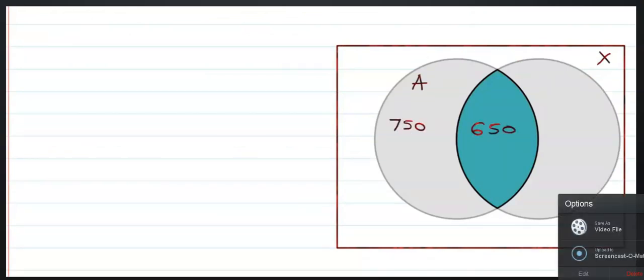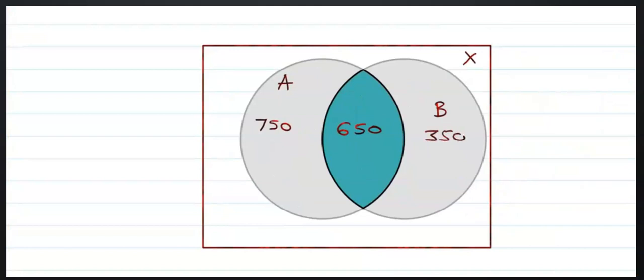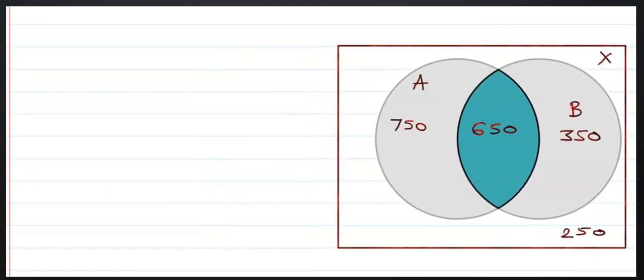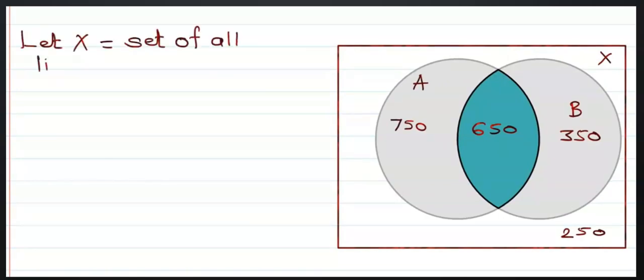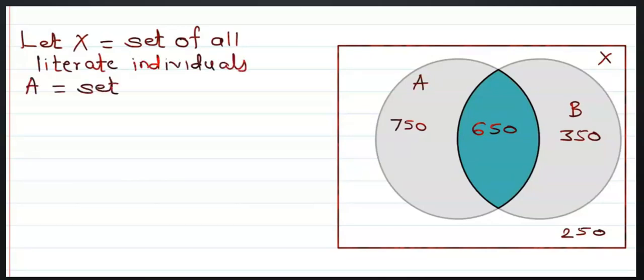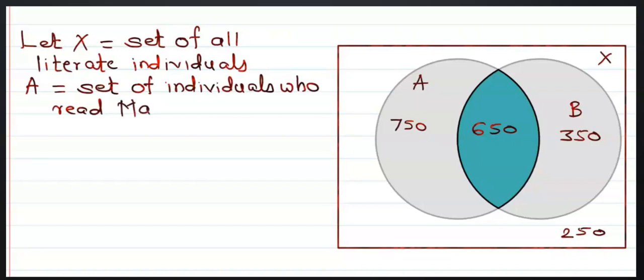So this is the figure. In the figure, X is the set of all literate individuals. A is equal to the set of individuals who read Marathi newspaper.